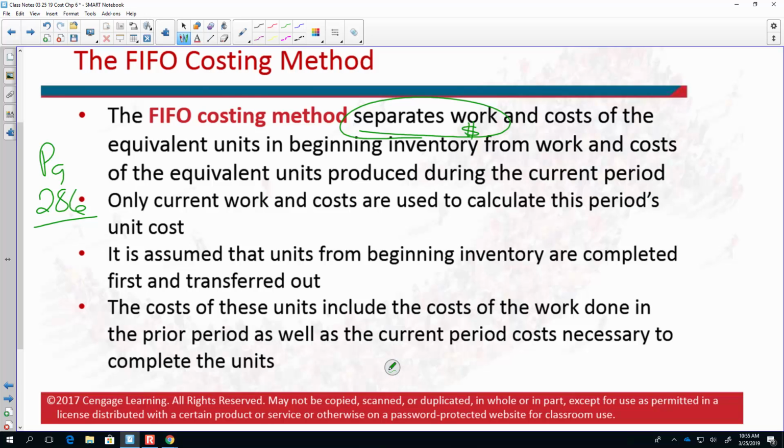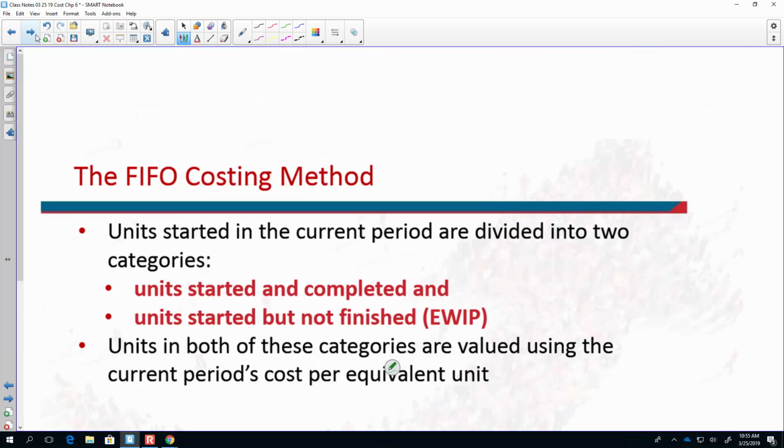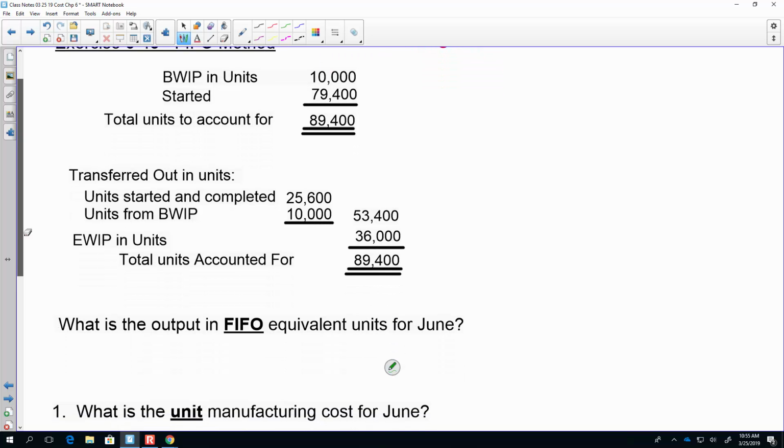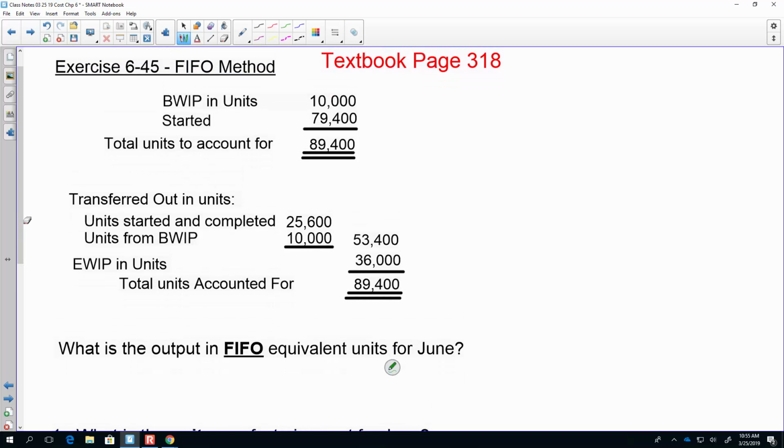And again, we're going to use that same problem 45, but change it for a FIFO method computation. So on your next page, or your template page, page 3, there should be a problem 45 FIFO method.